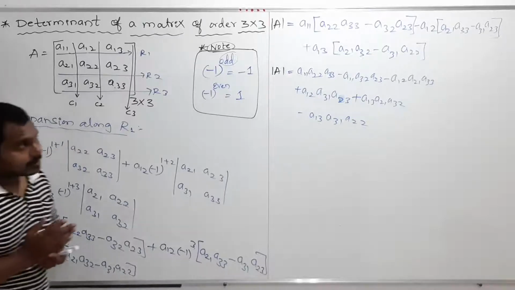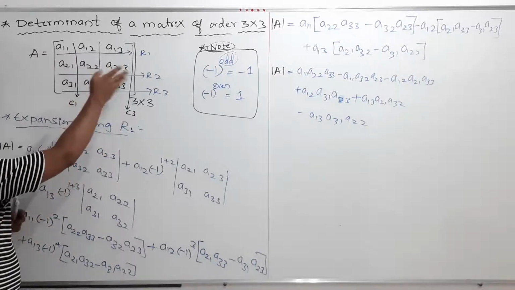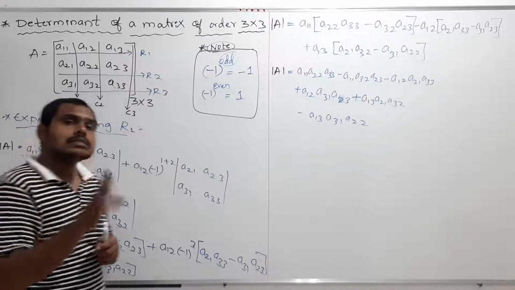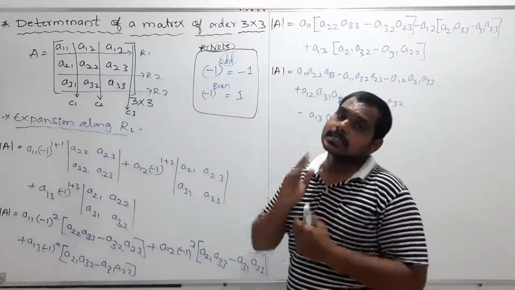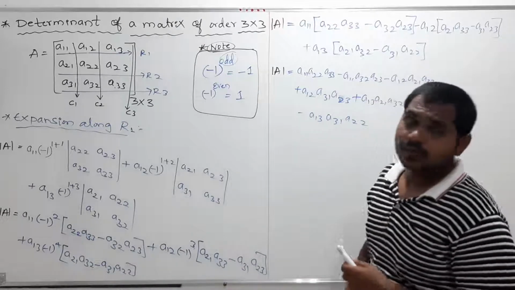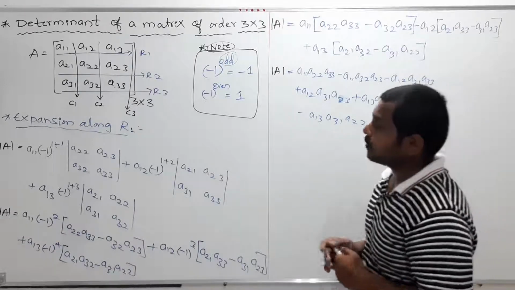And please remember, my dear students, either you can expand along row 1, row 2 or row 3, or column 1, column 2 or column 3. Whatever you get, the answer will be the same. But to avoid the calculations, what should we do?